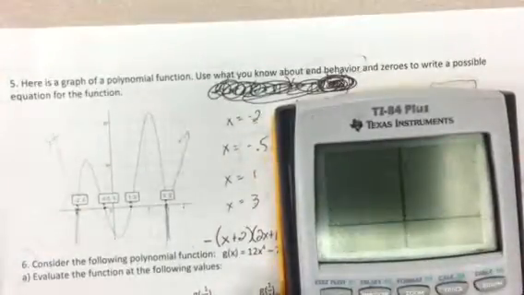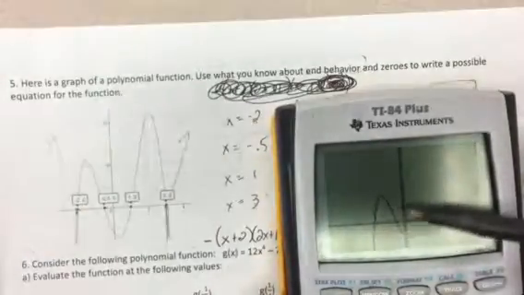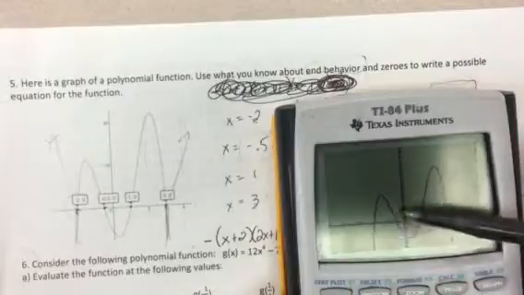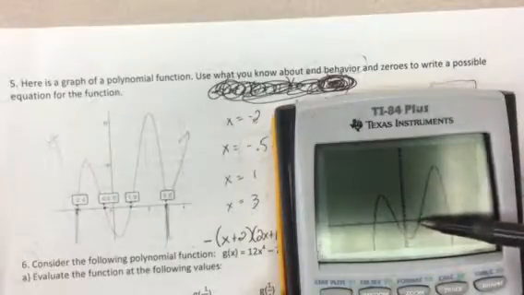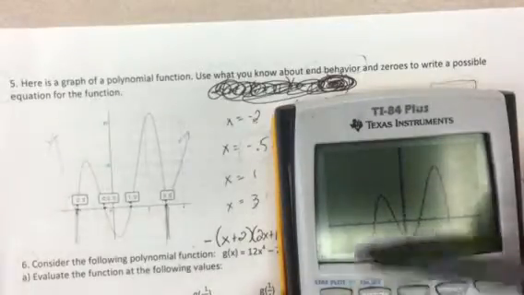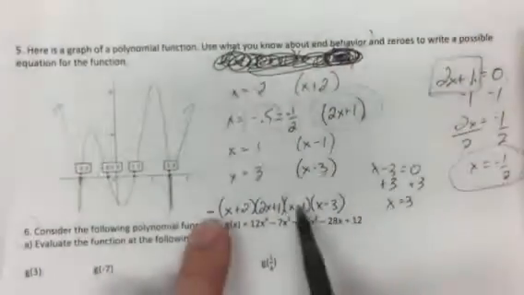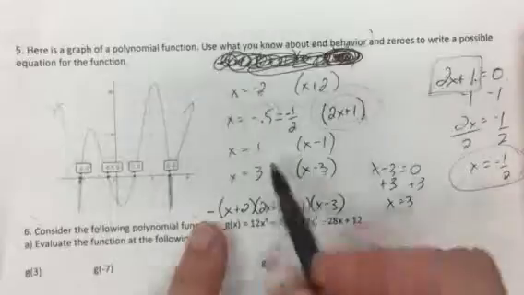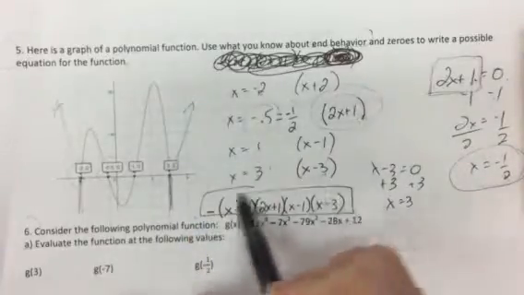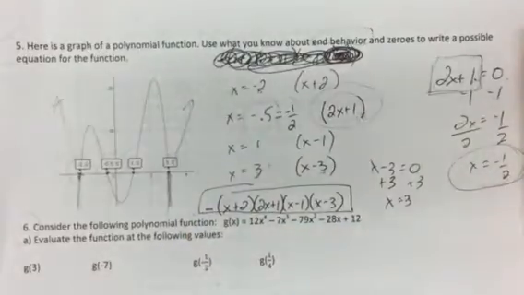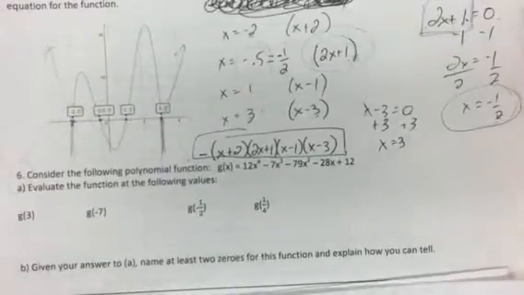And now graphing it, it left the zeros in the same place, -2, -0.5, 1, and 3, but now it turned it upside down, right? So it's this negative in front. So you can use your graphing calculator to check your answer to see if you're getting this right. But that's the best expression for that polynomial function.